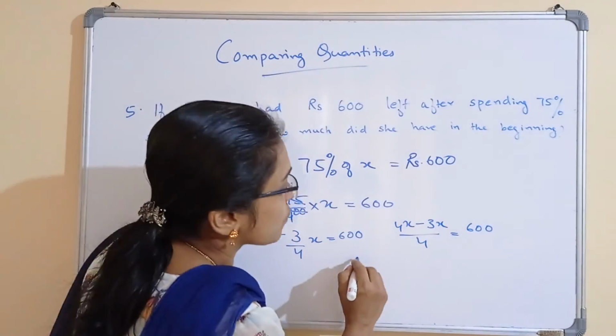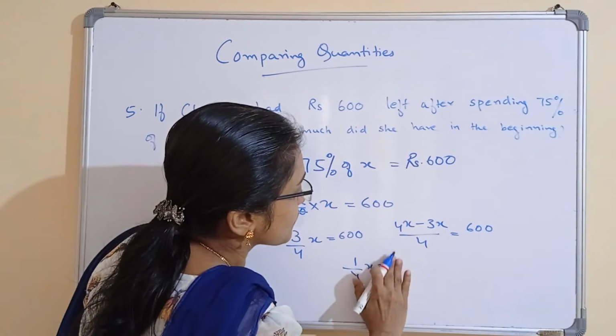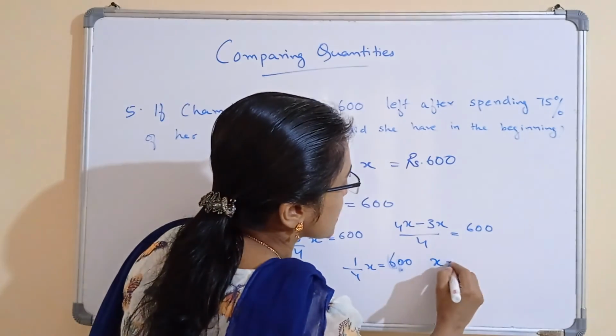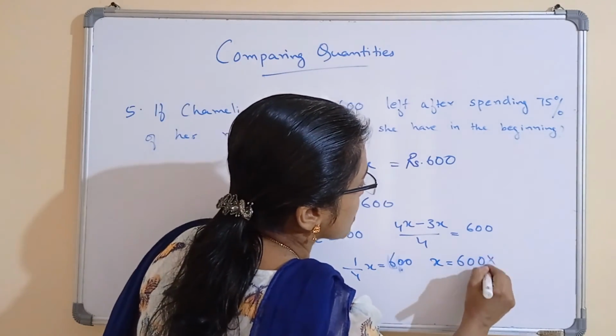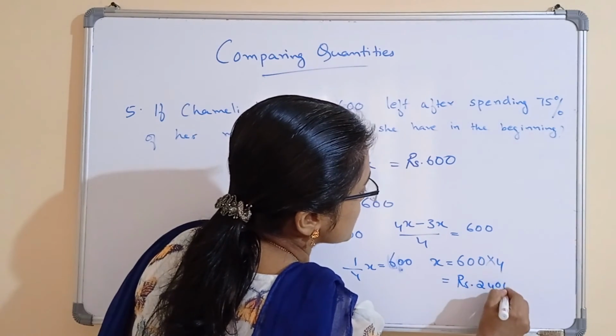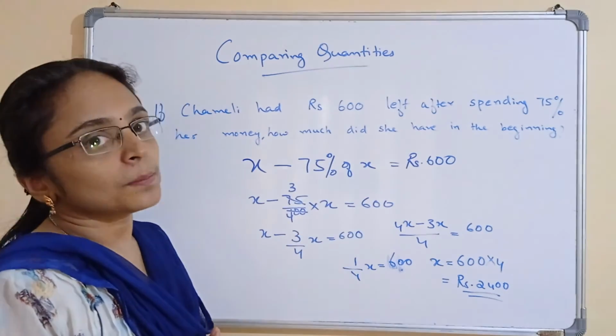That is 1 by 4x is equal to 600. So x equal to 600 into 4, which is equal to 2400 rupees. So she had 2400 rupees with her in the beginning.